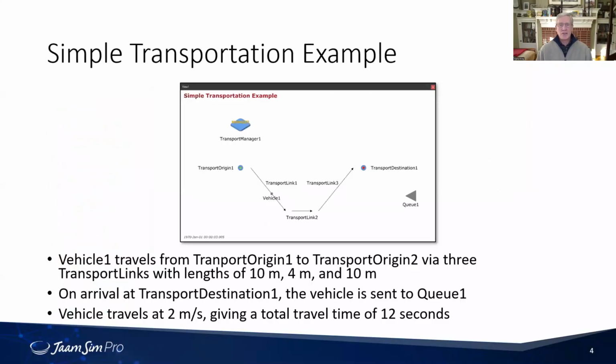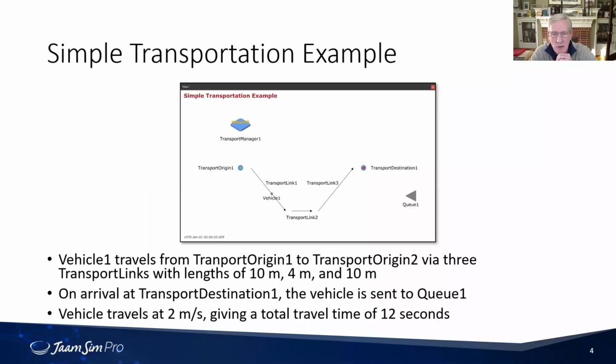So to try and put this into context, let's look at the simplest possible example you could have of a vehicle. This little model is one of the ones provided as an example model in JaamSim Pro through the help examples menu.